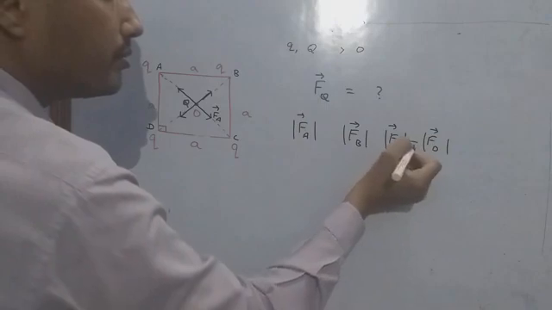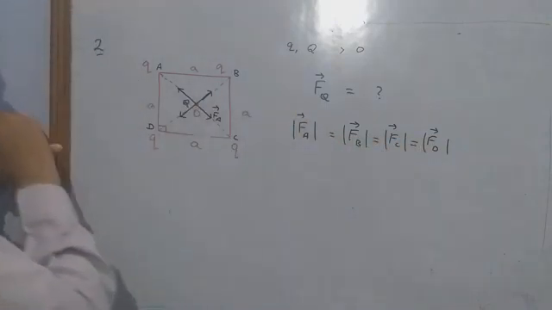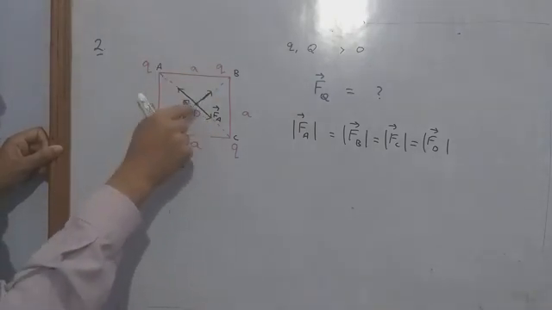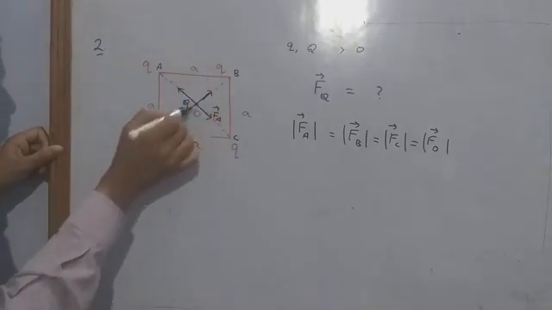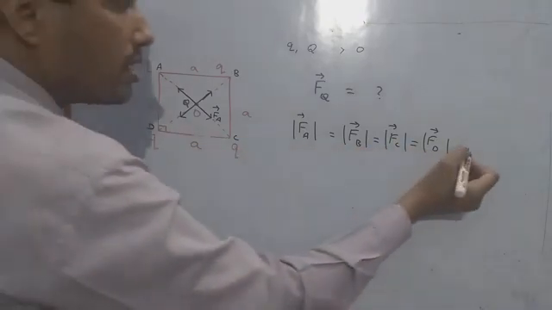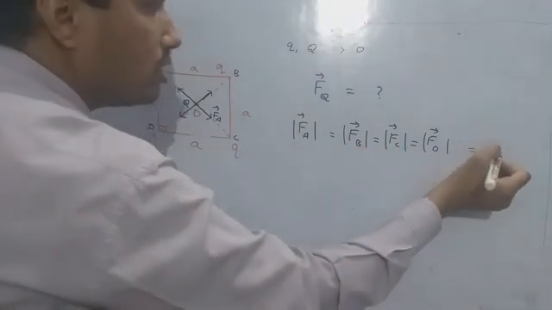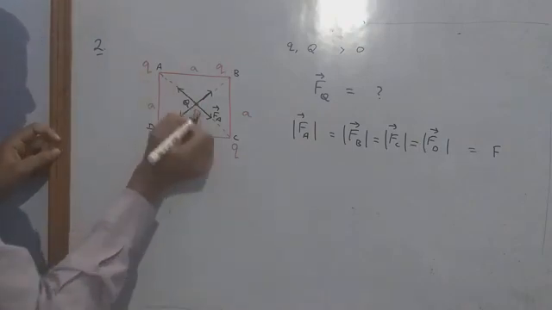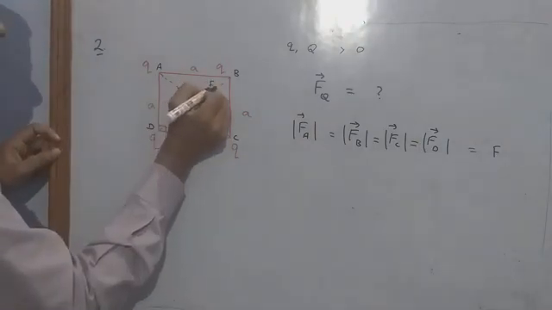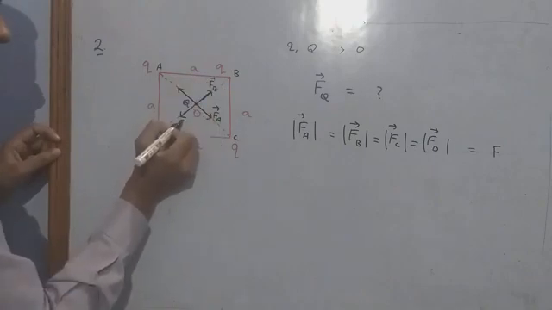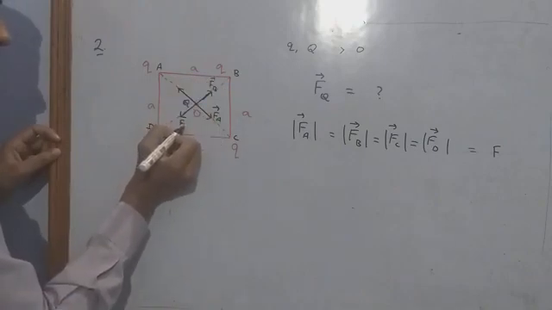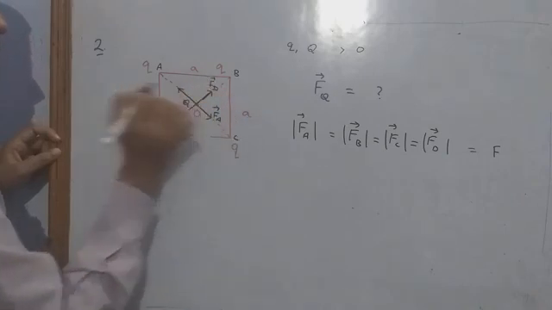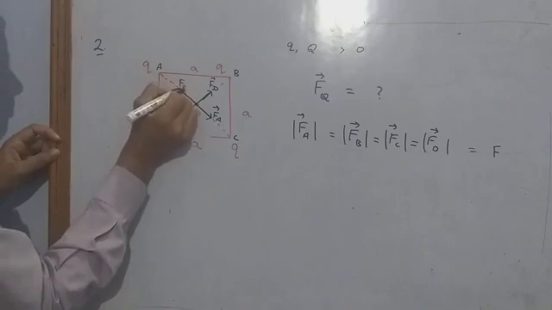Why? Because the pair of charges remains the same for all the four pairs, and the separation is also the same. So let us call each one of them to have a magnitude F. So this is FA, this is FB, this one is FD, and this one is FC.